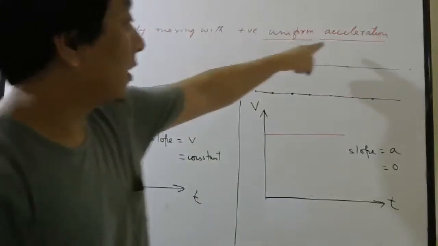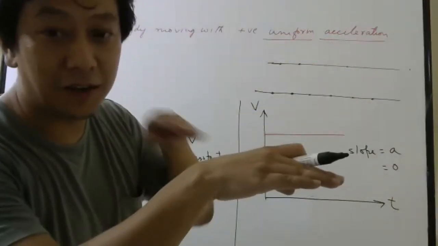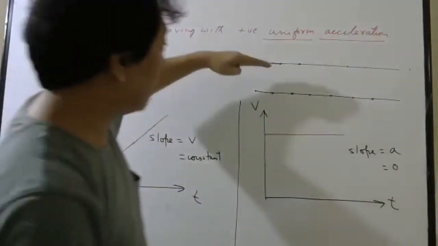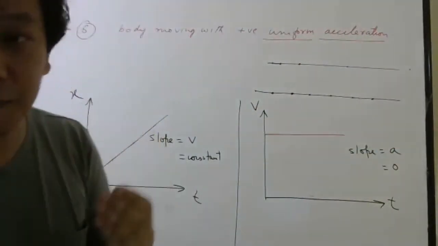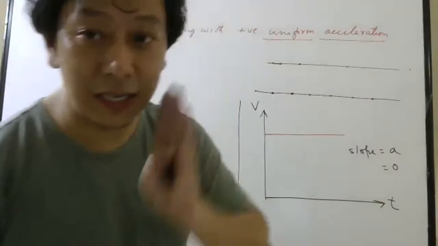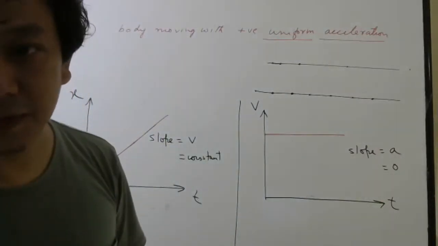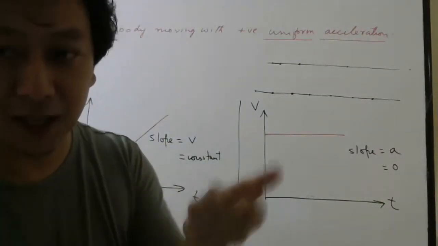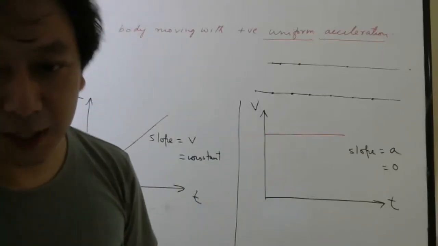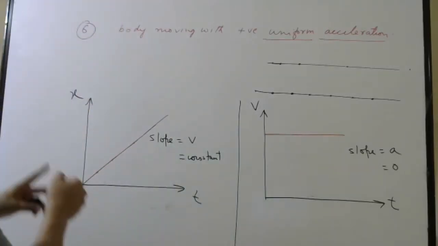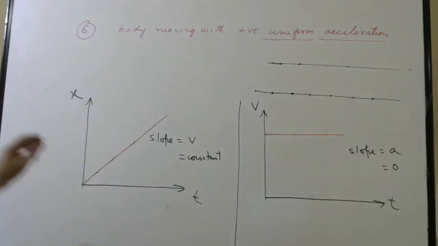Because your acceleration is in the direction of velocity. So I am assuming velocity is this side, acceleration is also this side. So what happens? Now the velocity will increase or decrease? Increase or decrease means it will speed up or slow down. It will speed up. So let us try to draw.